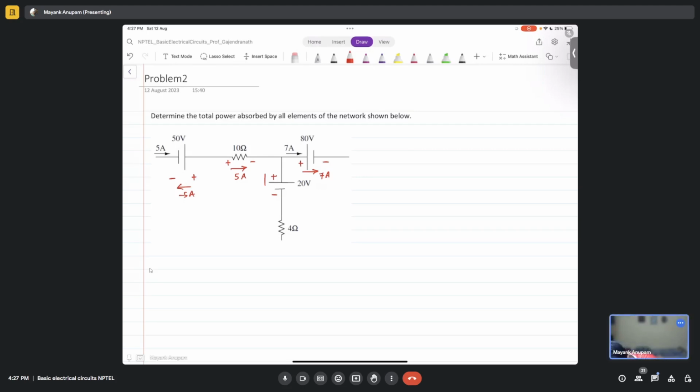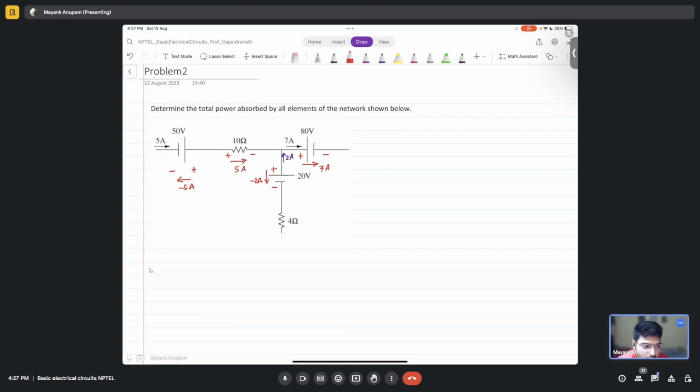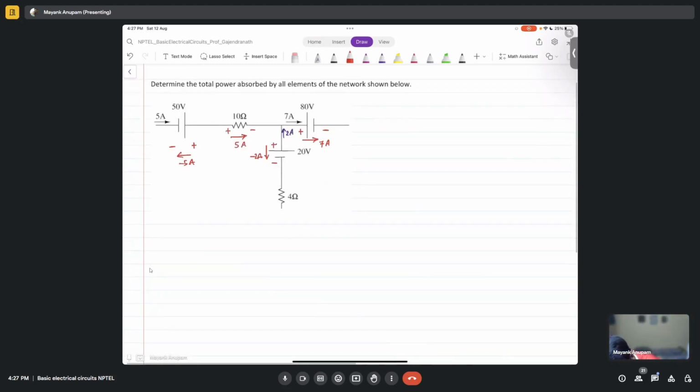But you are saying the actual current is 2 ampere, so the actual current direction is opposite, upwards. For passive sign convention, I'll be assuming this to be minus 2 amperes, right? Yes, sir. Correct. So everyone is following me, right? Yes, sir. Fine.